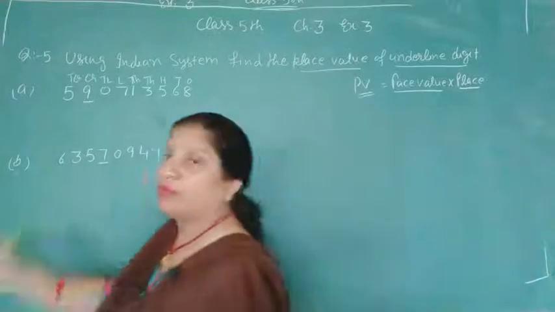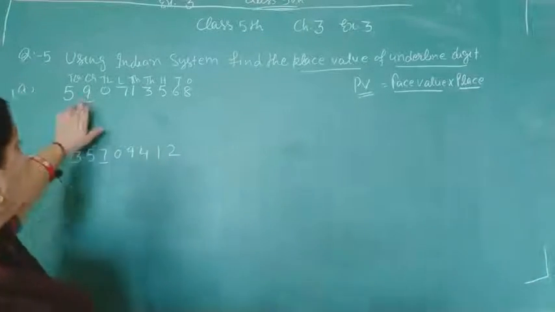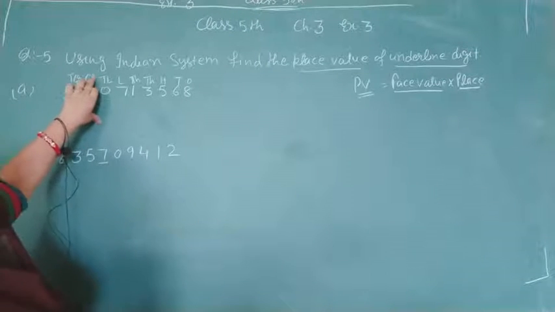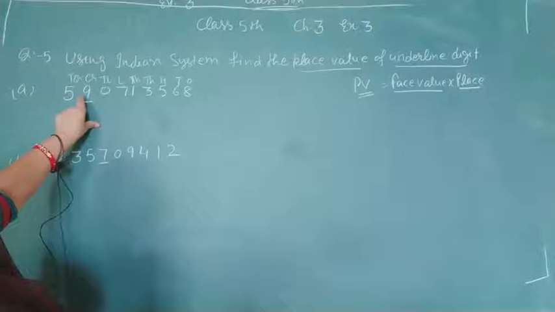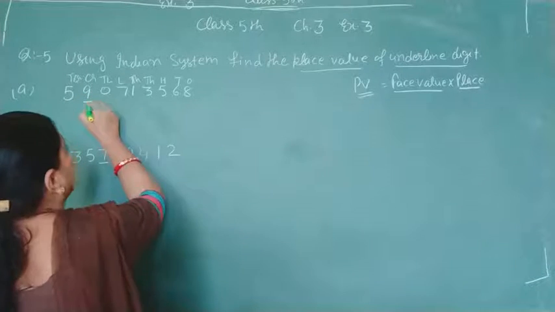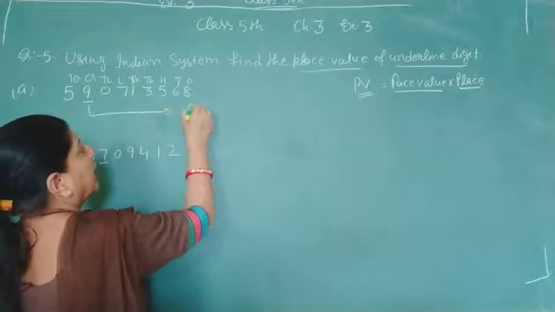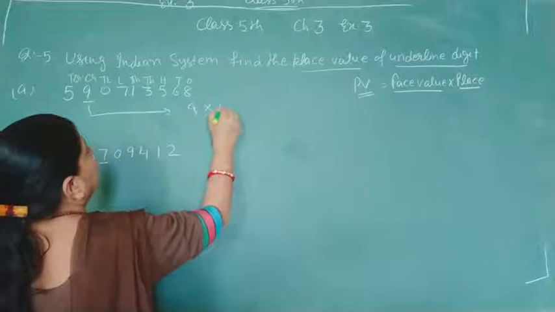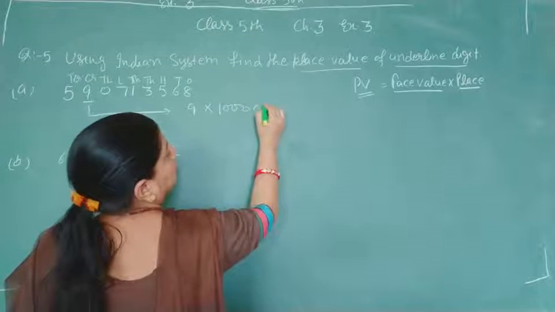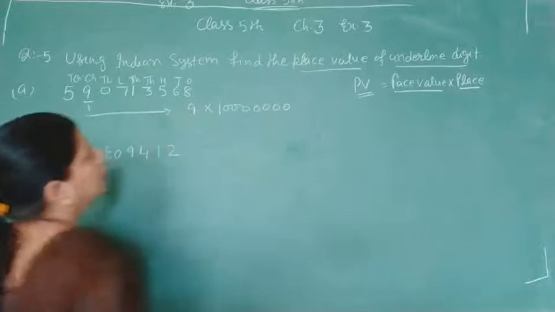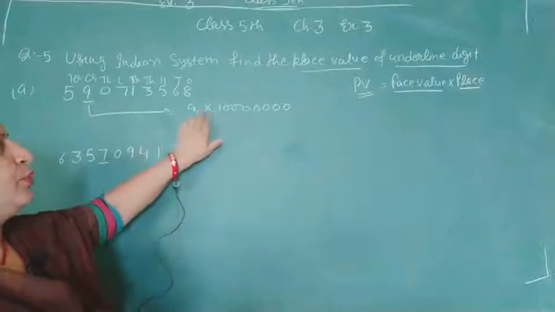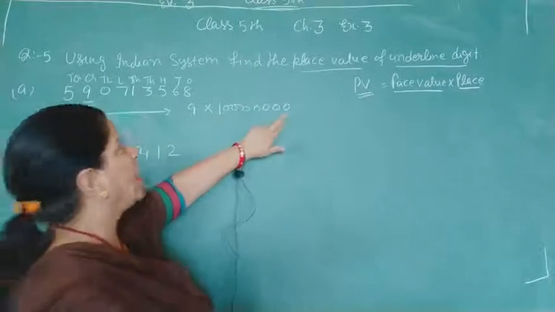Now here we see that the place of the 9 is crore and the face value of 9 is 9. So we have to write 9 multiplied by 1 crore. Now 9 is the face value and 1 crore is the place.